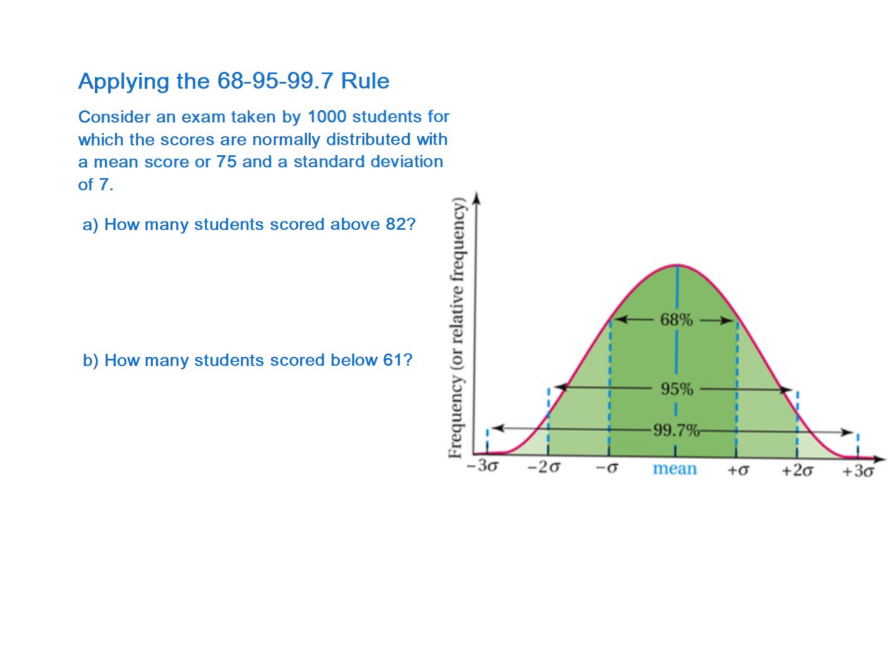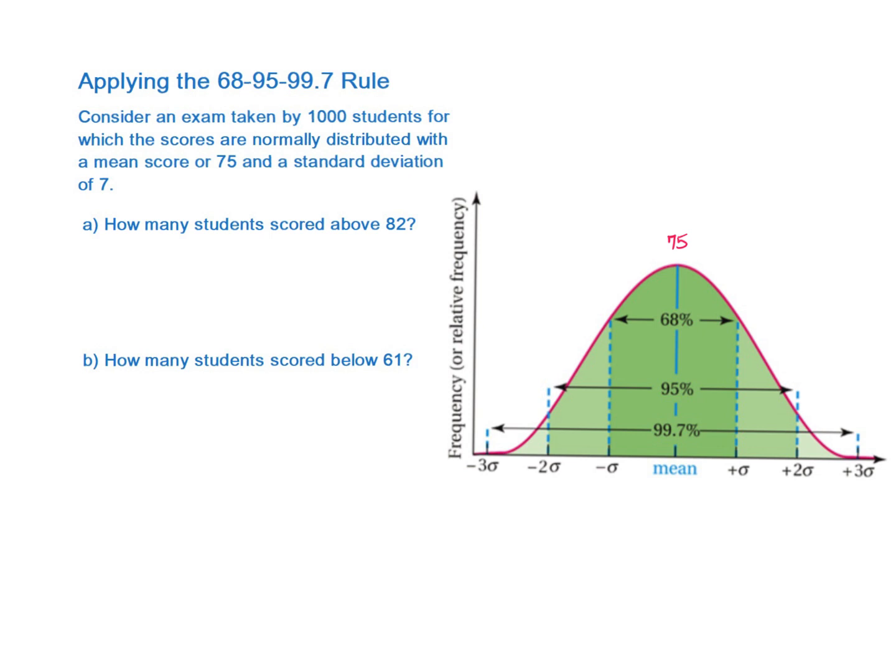So here's another question concerning exam scores. You have 1,000 students taking a test, and the average score was a 75. If it helps you, you can always mark that on your diagram. So I'll go ahead and put a 75 in the middle there. And then they want you to determine how many students scored above 82. So the first thing you want to think about is how many standard deviations that is above my average.